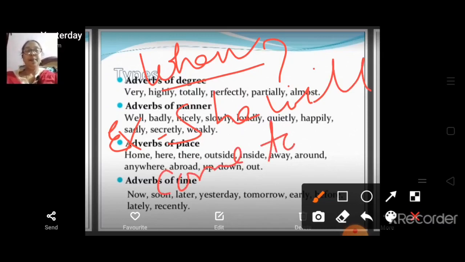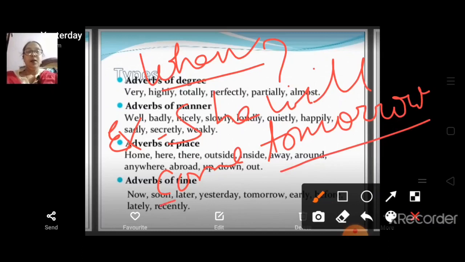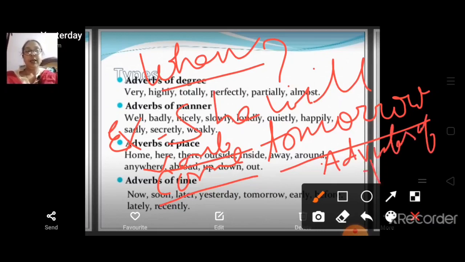Here you can see come is the verb, and tomorrow is showing when she will come. She will come tomorrow. So it indicates the time of an action. This is called an adverb of time.